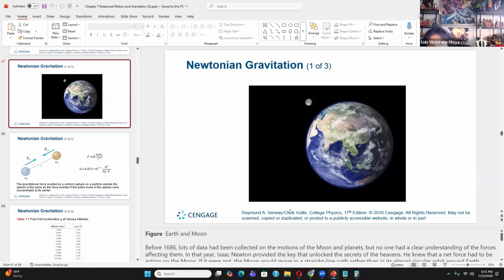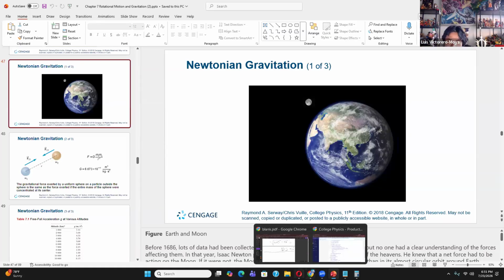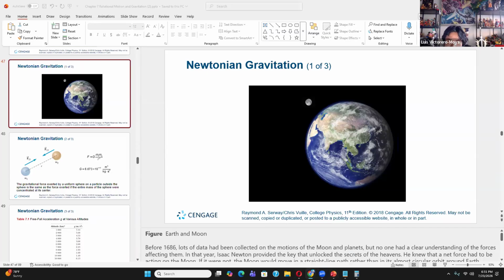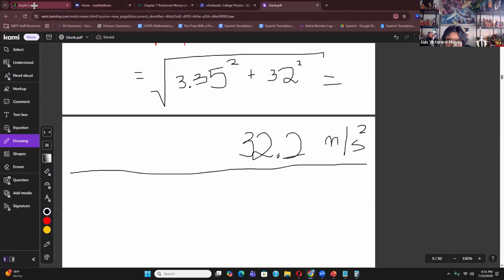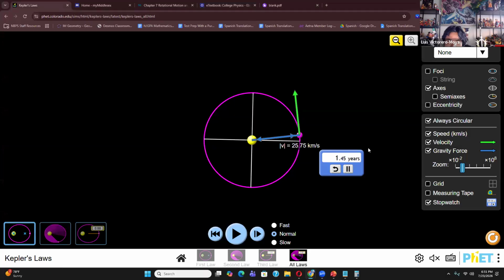Newtonian gravitation. All right. So why do we use that? Because we can analyze the motion of planets around the sun by assuming that they travel in almost circular orbits.